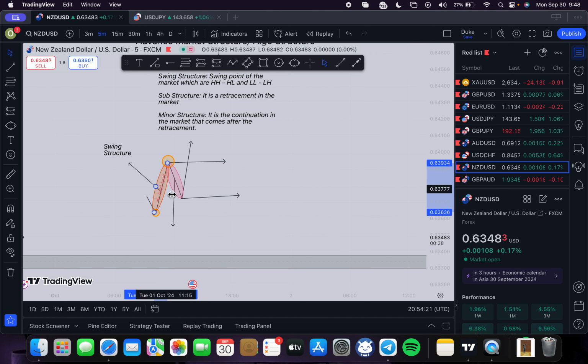Sorry, I just wanted to confirm. I thought swing basically defines the movement in the market, like the total movement of both the higher highs and the higher lows. No. It only deals from your higher high to your higher low, which is this movement.